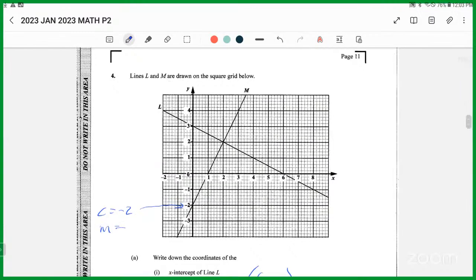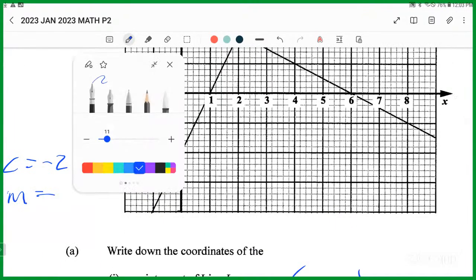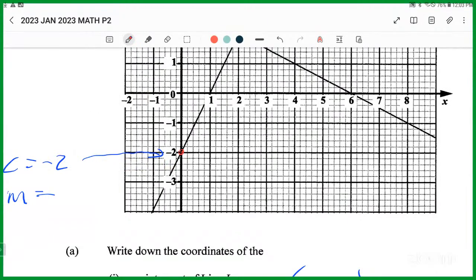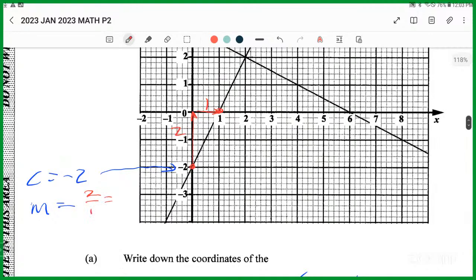Gradient is rise over run between any 2 points. For example, we can use any 2 points, like here to here. Rise is 2 and the run is 1, so the gradient is 2 over 1, which is 2. Simple as that. So the gradient and the y-axis intercept are good to go.